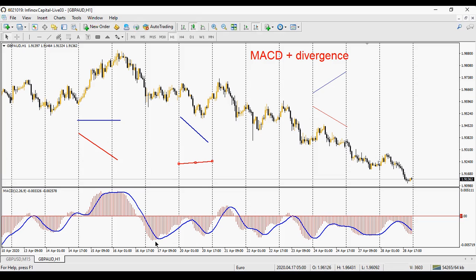Now, how do you look for divergence on the MACD? When the indicator is below the 0 line and forming ridges like this, I call this an inverted mountain.